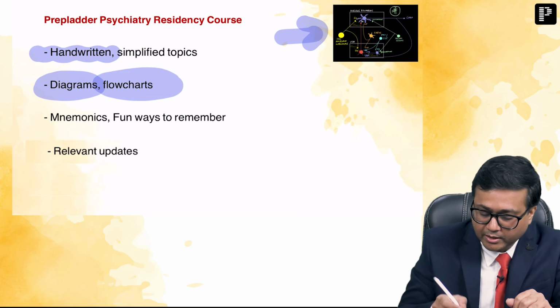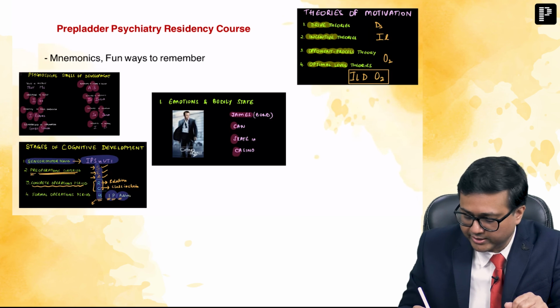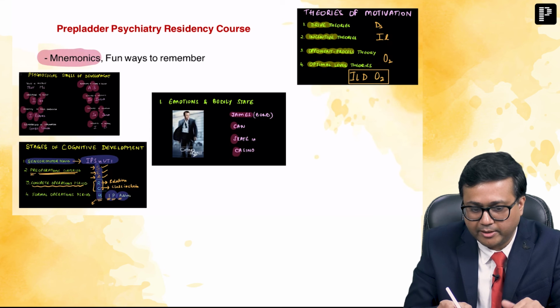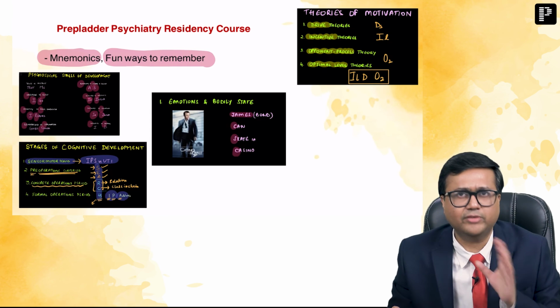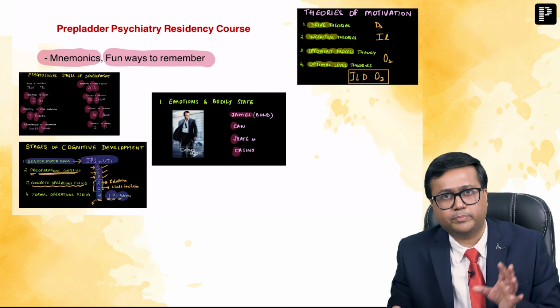You will find them. Also, we have used some very interesting mnemonics, and these are mnemonics made by myself. I've made some fun ways to remember some of the topics in psychiatry.